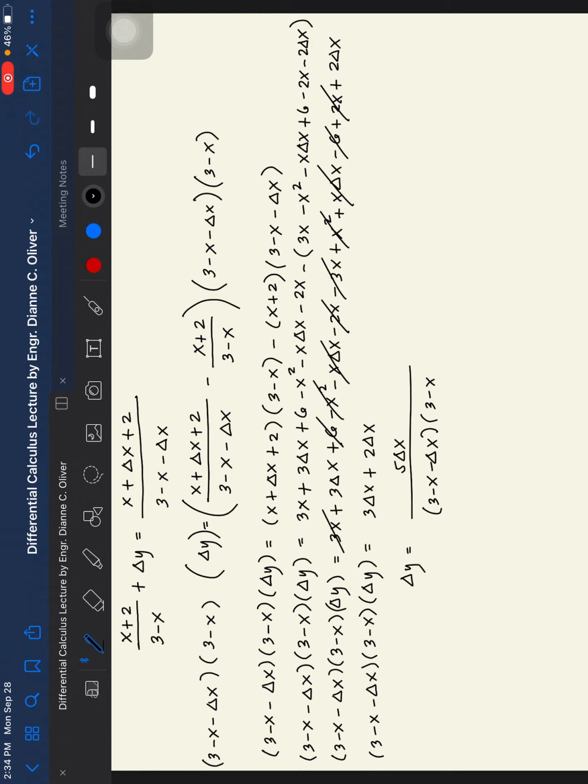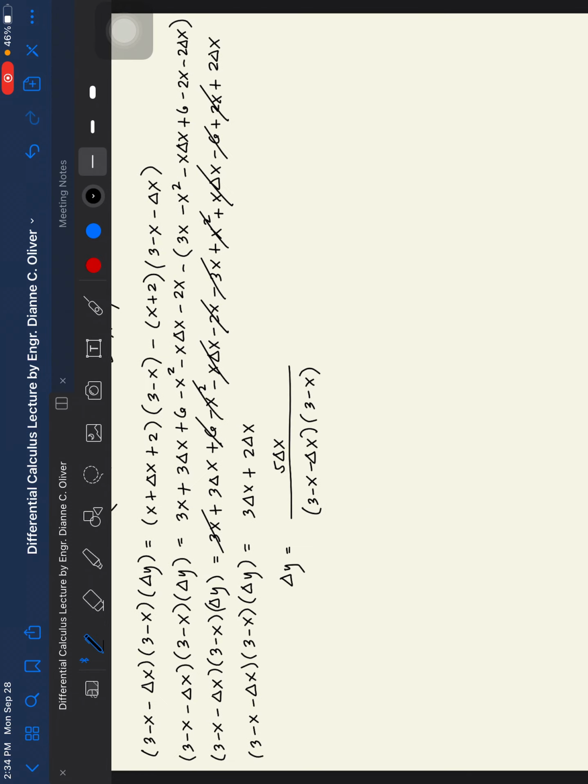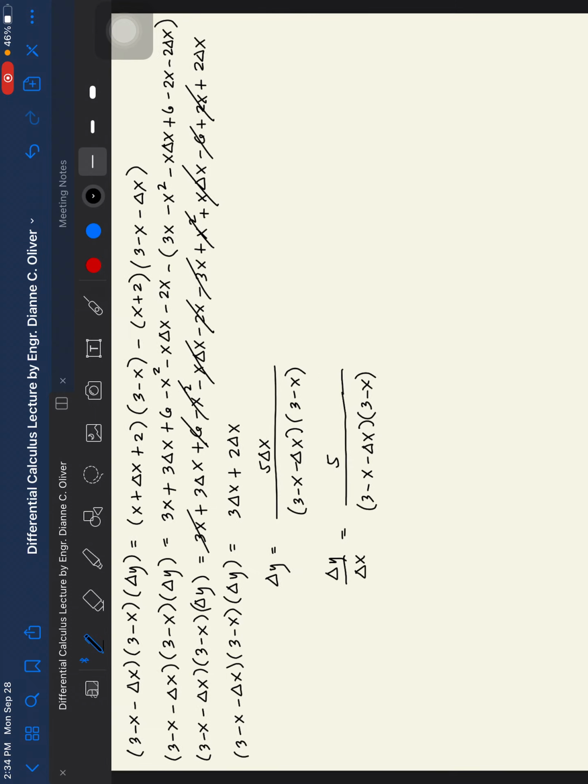Now, finally, we can get the ratio delta y over delta x, which is equal to 5 over (3 minus x minus delta x)(3 minus x).